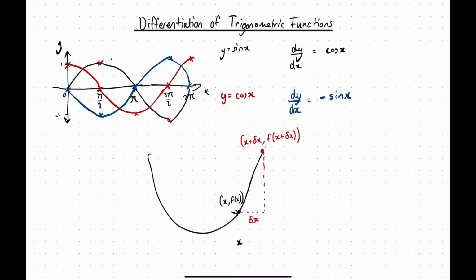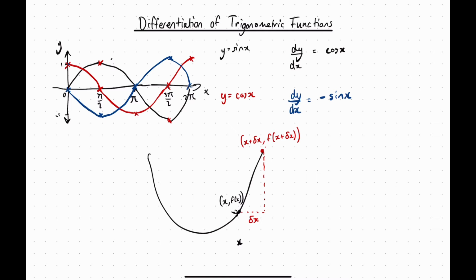Which means that this is our y2, this is our y1, this is our x2 and our x1, so we do y2 minus y1 over x2 minus x1, which is what they've got written in the book there. That's your basic understanding of how you find the gradient at a point.